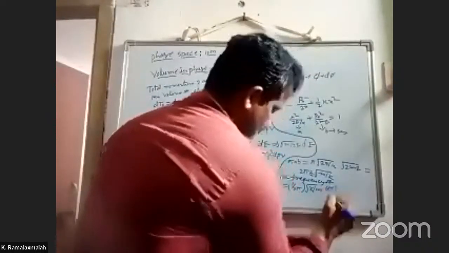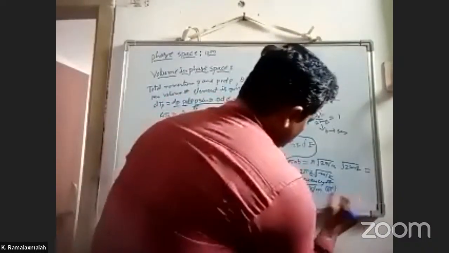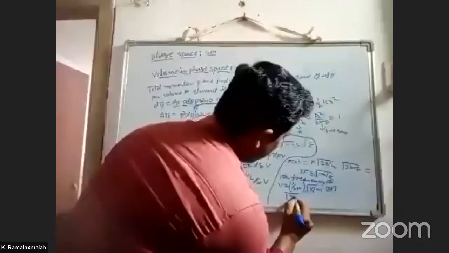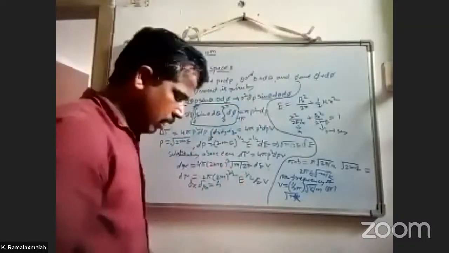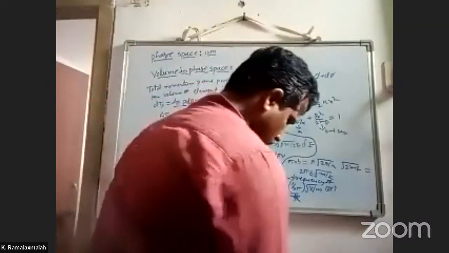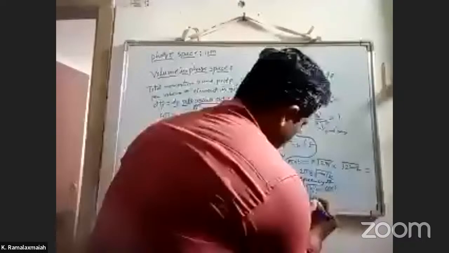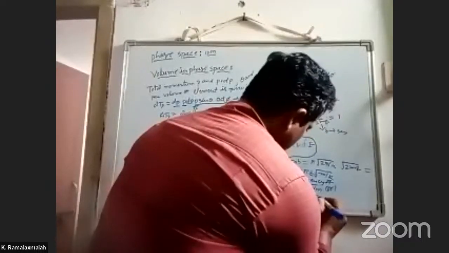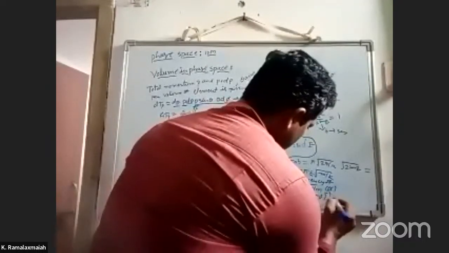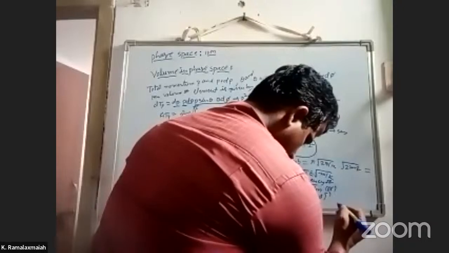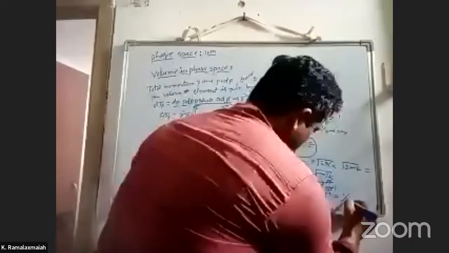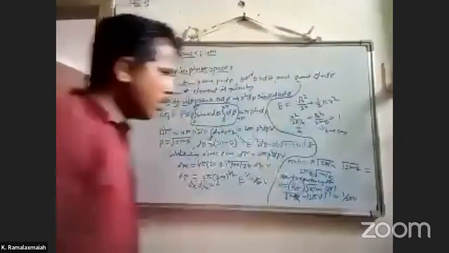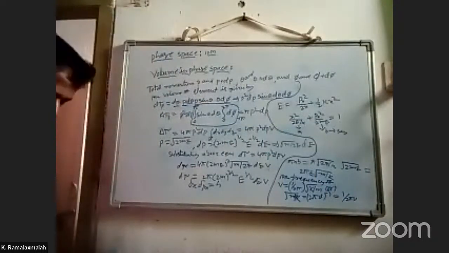Therefore under root of m by k is equal to 1 by 2 pi v.